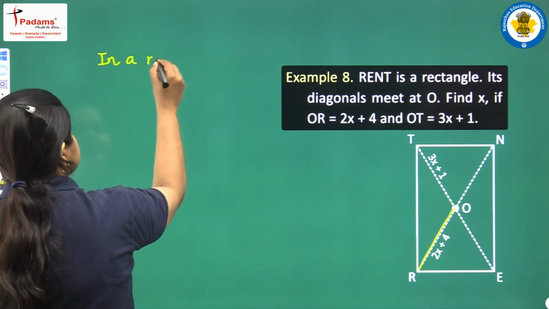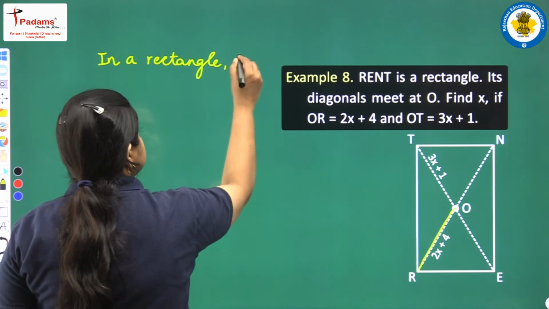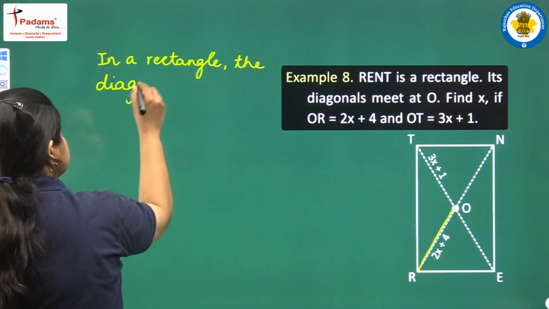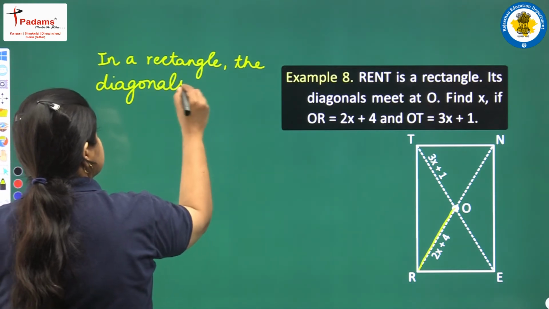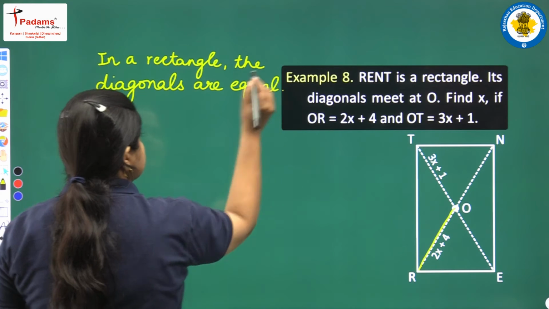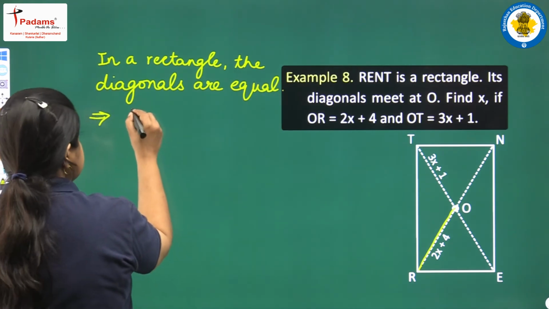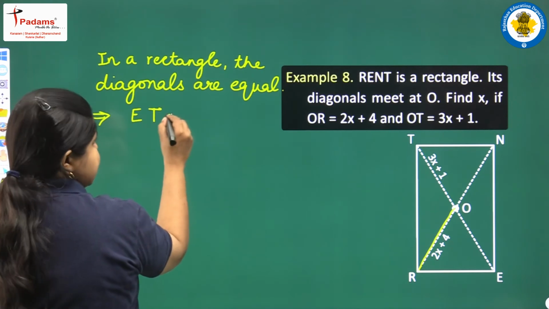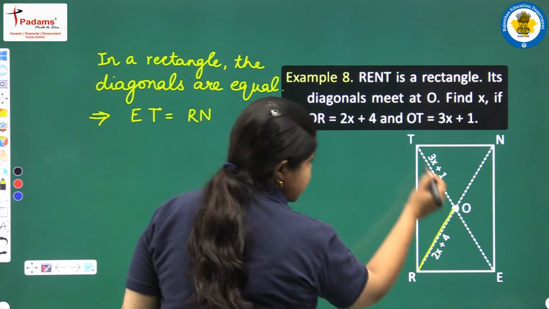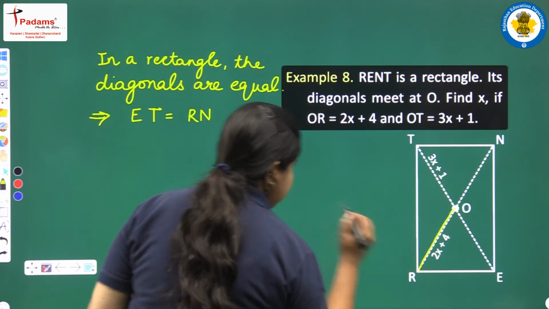In a rectangle, the diagonals are equal. This means that diagonal ET is equal to RN. You can see this is the first diagonal ET and this one is the second one RN.